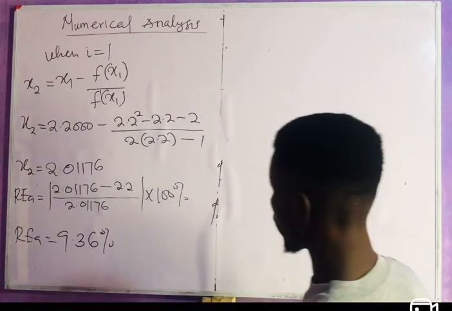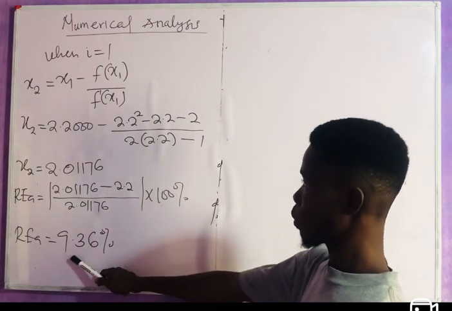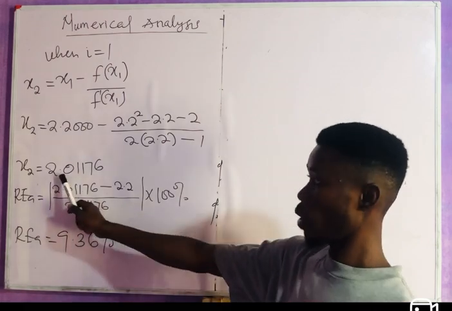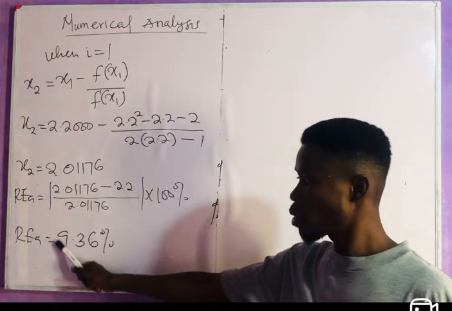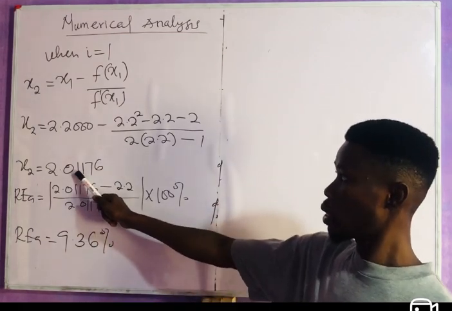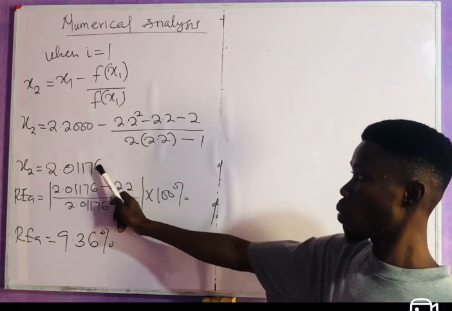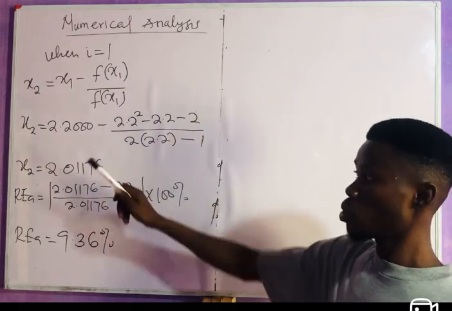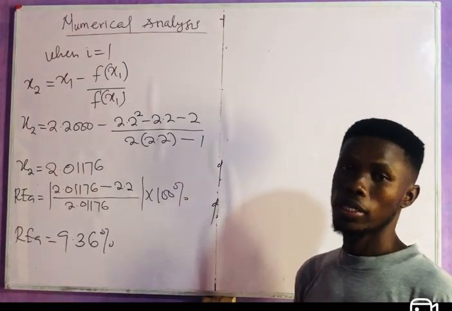Since you check either the relative approximate error or the number of iterations, when the relative approximate error becomes 0, then we can say that it has converged. Or when this and that of x1 become the same, because this is 2.01, the x1 was 2.2, they are not the same. When they are the same, then we can say that the root is that.